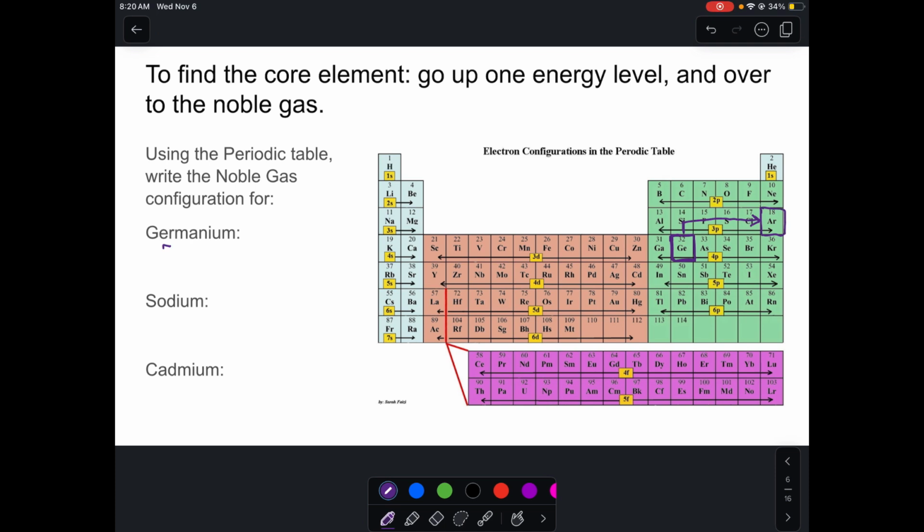And this is going to be argon, and then we'll go 4s2, 3d10, and then the second electron in the fourth energy level, 4p2.